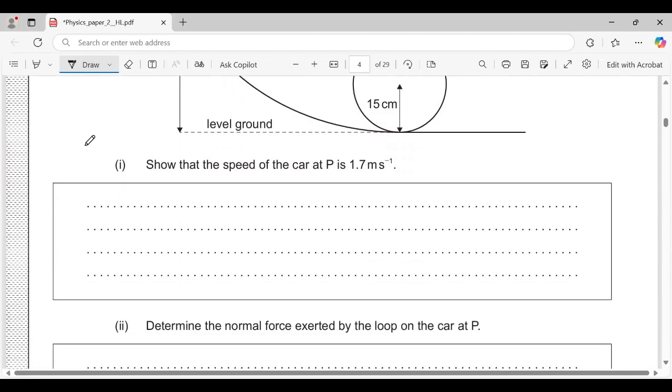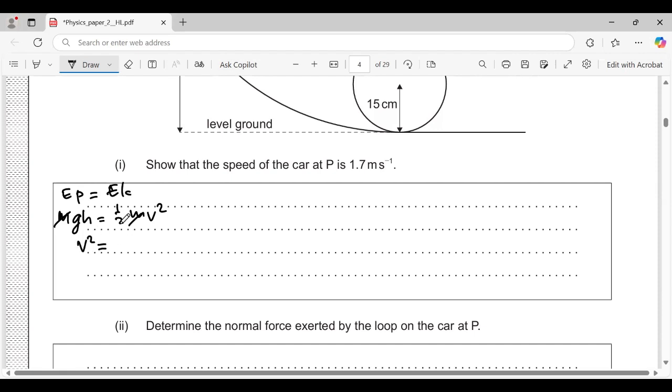So I will use the formula that potential energy equals kinetic energy because of the position of the car. The potential energy formula is m times g times h, and kinetic energy is 1/2 times m v squared. m divided by m equals 1.